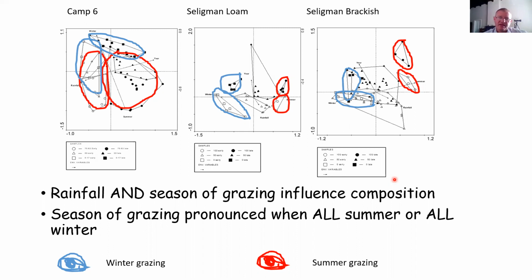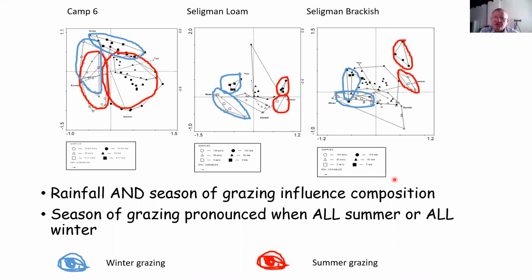Summer grazing is very damaging to grasses and probably other plants as well, because those plants are trying to grow. That's when it rains, they're trying to grow and they're getting eaten off the whole time. So if you graze during summer, you damage the veld. In winter, in contrast, it's freezing cold, everything is generally senescent, it's dormant, and so it doesn't even really know that it's being grazed. So summer grazing is a very extreme treatment and much more damaging than winter grazing.